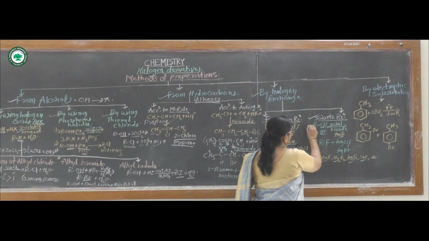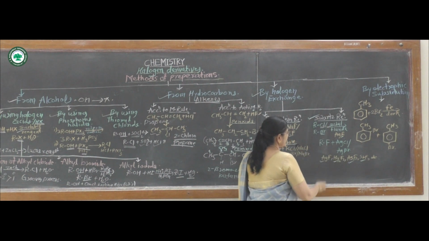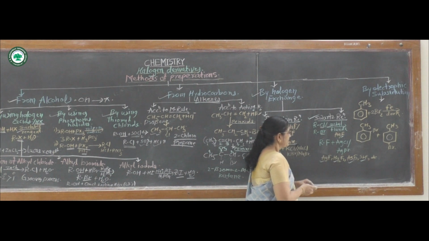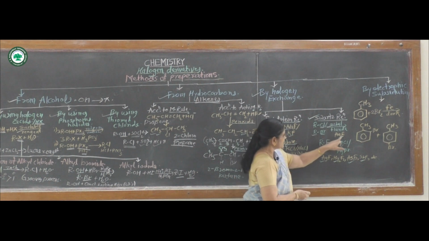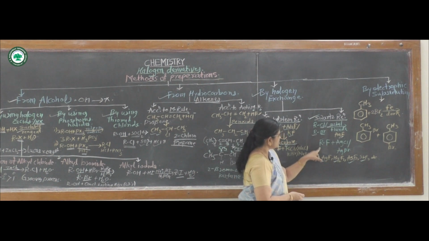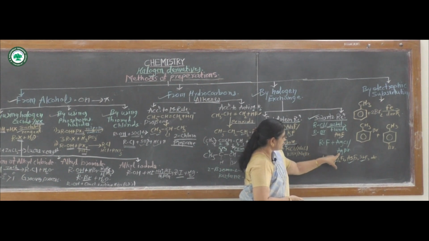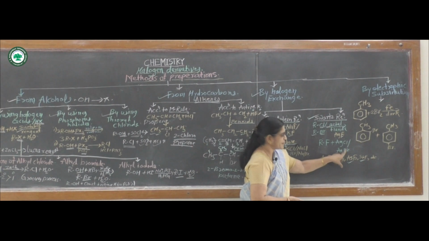That means if this alkyl chloride reacts with a metal fluoride, that is AgF, then it gives RF plus AgCl. If alkyl bromide reacts with metal fluoride, again it gives RF and the byproduct is AgBr.